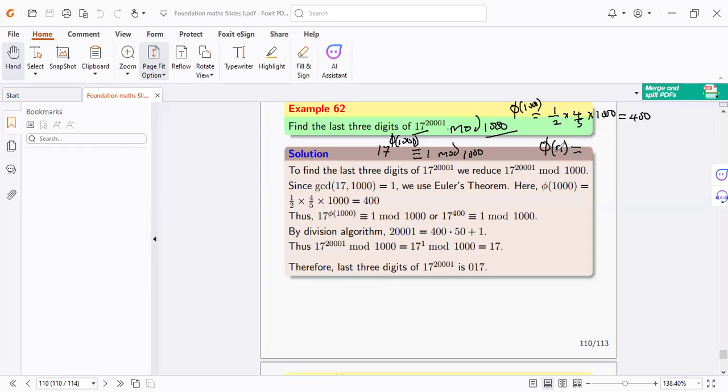So you're saying that from 1 to 1,000, we have 400 numbers which are relatively prime to 1,000.